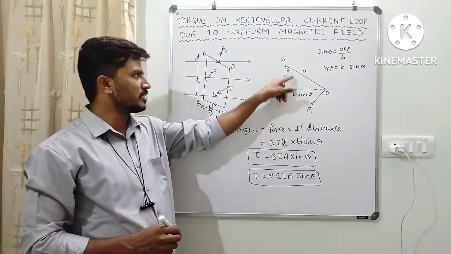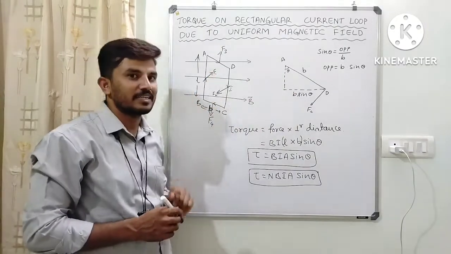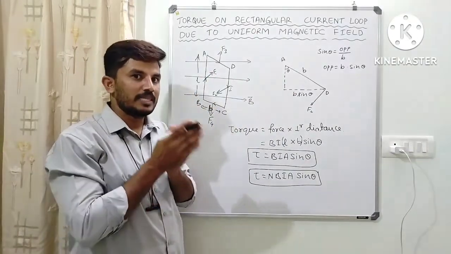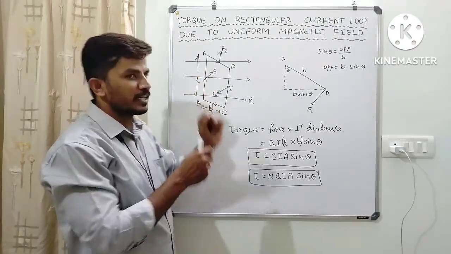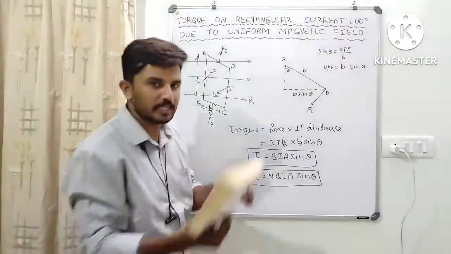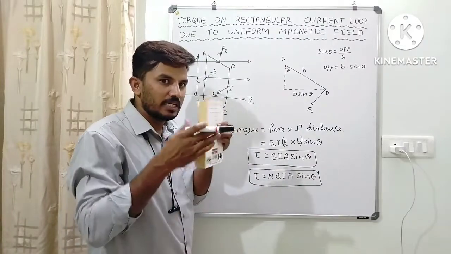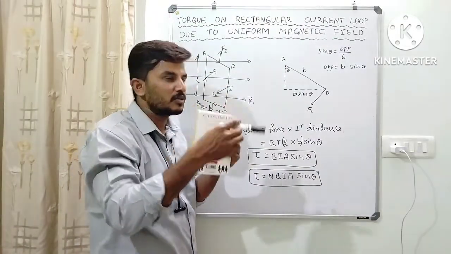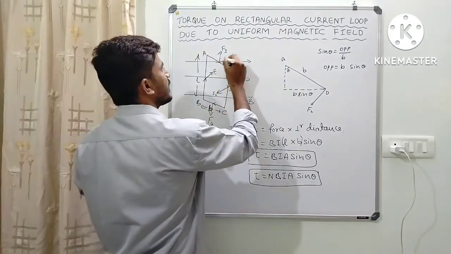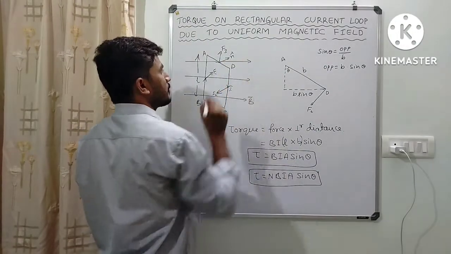Here I have considered this is theta. What is theta here? Actually, theta is the angle between the area vector of the current loop and the magnetic field. Let me consider here. The area of this current loop is like this. The area vector will be perpendicular to it, so here the area vector will be like this, n cap.